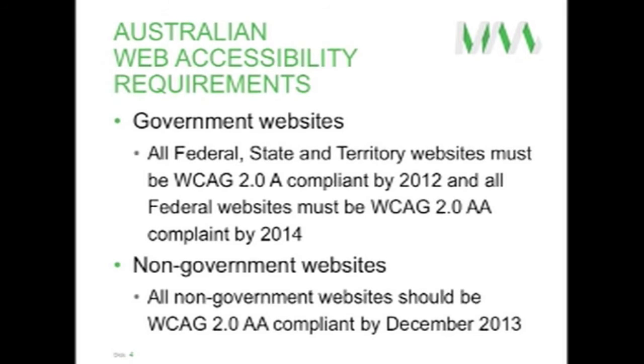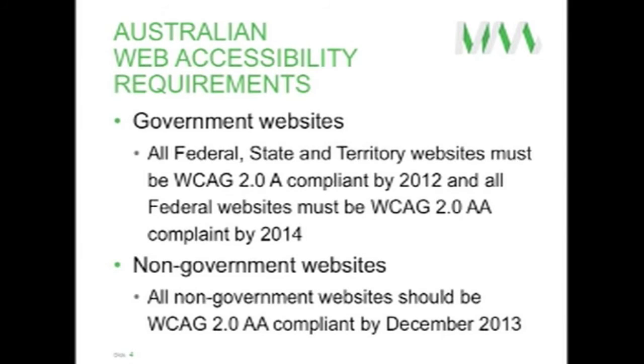So the government has released a web accessibility national transition strategy that says that all federal, state and territory websites must be WCAG 2 Level A compliant by 2012, and that federal websites must be AA compliant by 2014. Within WCAG there's actually 3 levels, A, AA and AAA.